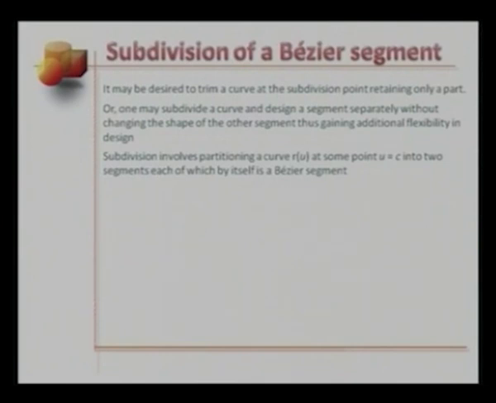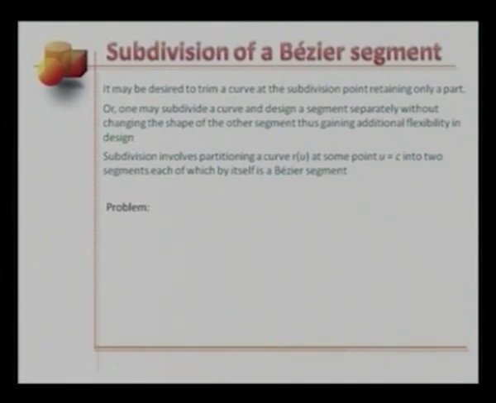Subdivision involves partitioning a Bezier segment R(u) at some point u equals c. Note here that the value of c will be in between 0 and 1, and it is going to be a particular value. Subdivision involves partitioning a curve into two segments, each of which by itself is a Bezier segment of the same degree.